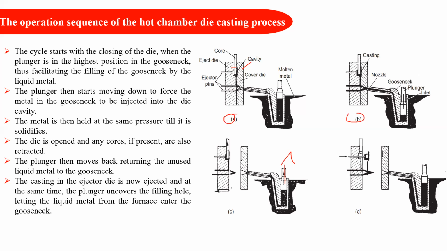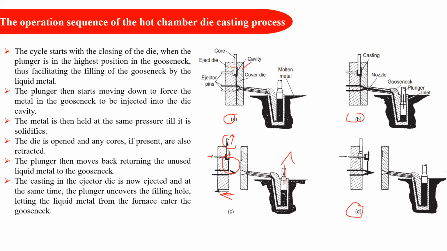Now the mobile die half is separated, and here we have the final solidified component. With the help of the ejector pin, this core part is retracted back, and by applying pressure over the ejector pin, it ejects the solidified part.